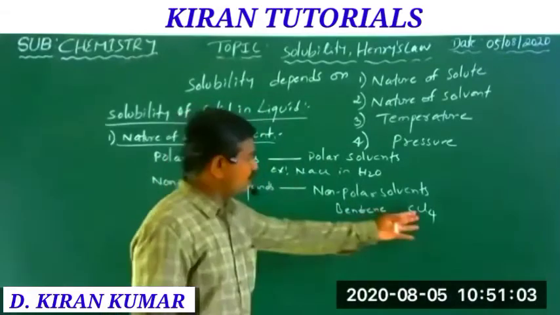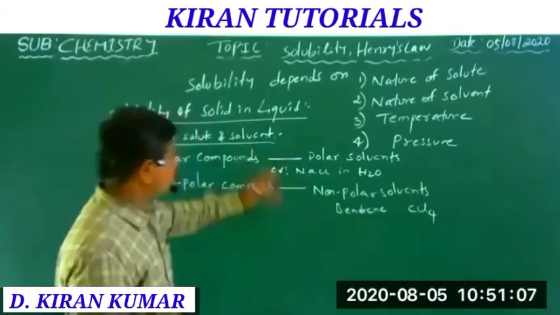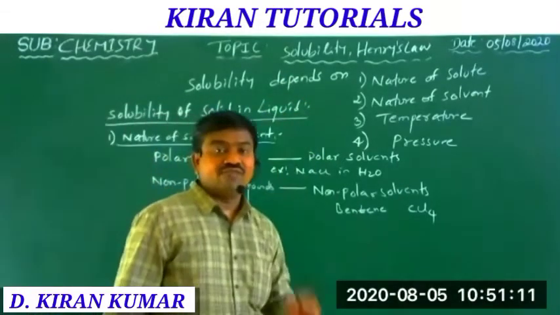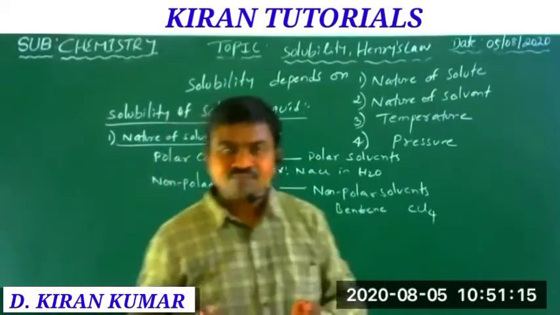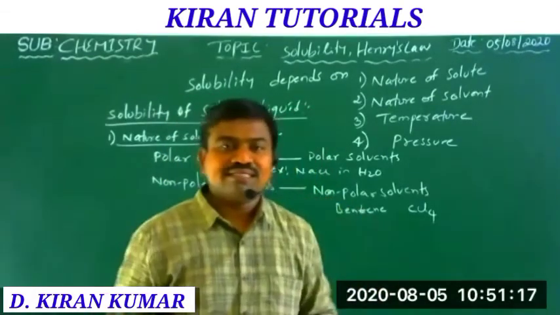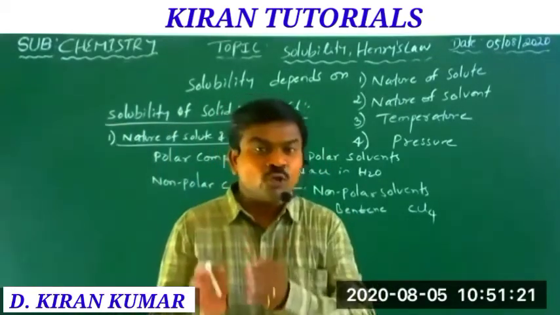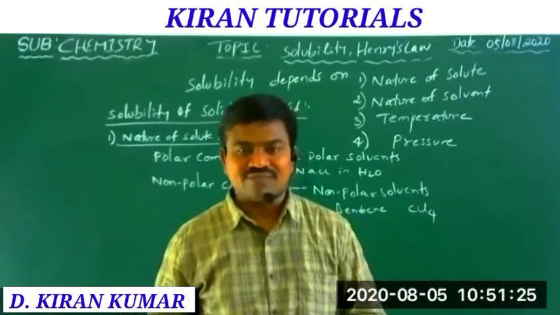It is non-polar, so it also dissolves in a non-polar solvent. That's about the nature of solute and nature of solvent, which affect the solubility of a solute. If the solute is polar, it dissolves in polar solvents. If the solute is non-polar, it dissolves in non-polar solvents.